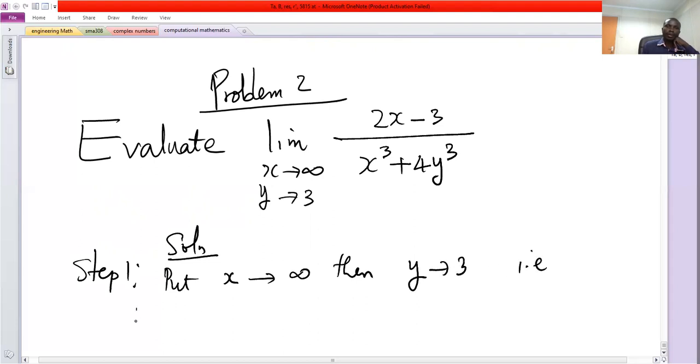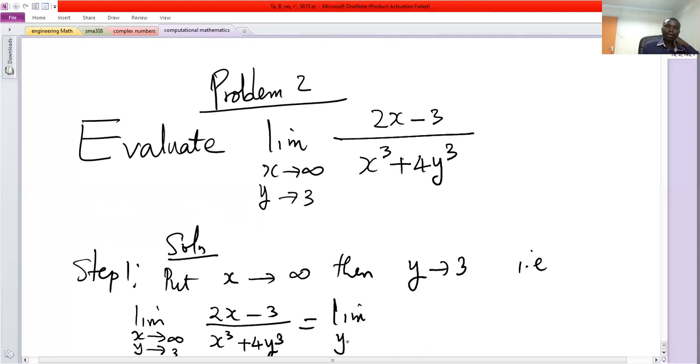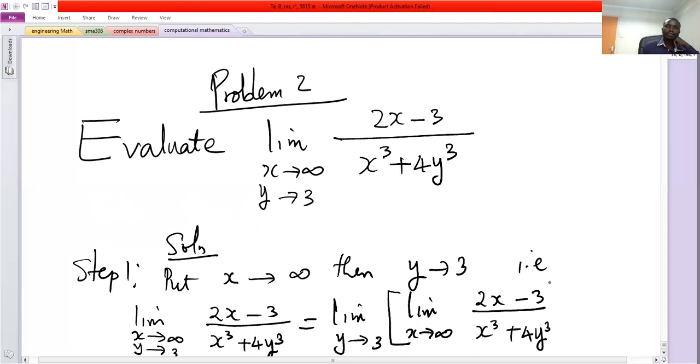This will mean we write limit x approaches infinity, y approaches 3 of 2x minus 3 divided by x cubed plus 4y cubed will be limit y approaches 3, and then we calculate the limit x approaches infinity of the function 2x minus 3 over x cubed plus 4y cubed.